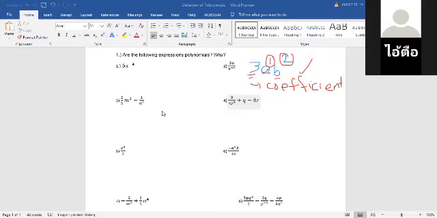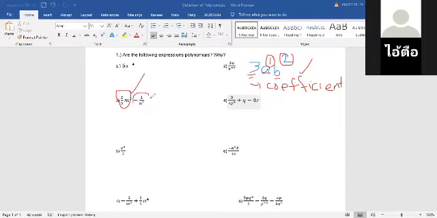Okay, so what's the answer for number 3? Is this a polynomial? What's your answer? Yes or no? Yes? Are you sure? This one is a monomial, right? Yes.